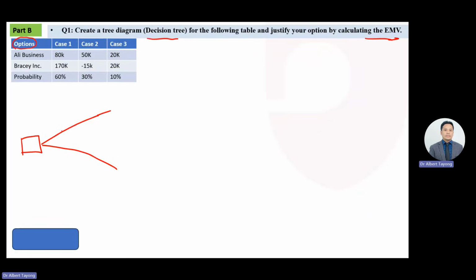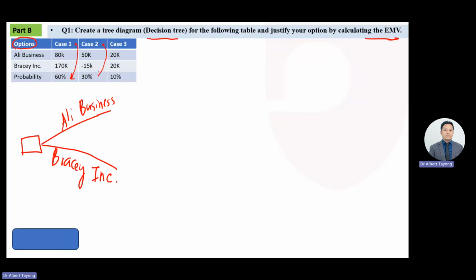So here we have Ali Business, and we have Bracy Incorporated. So very simple. Don't be confused. Find the options or the alternatives, and put these options after the square or after the box. Alternatively, you can also look at the probabilities.